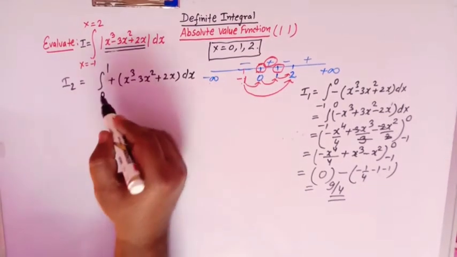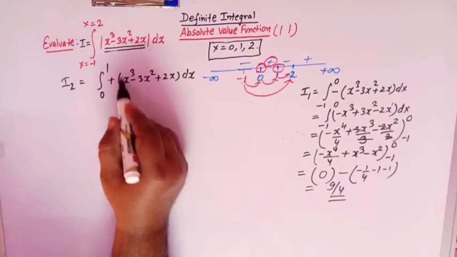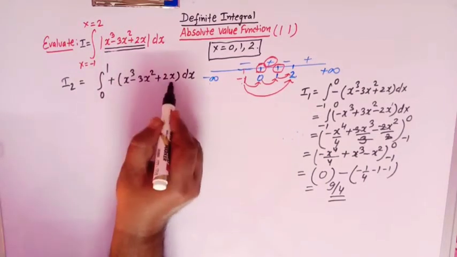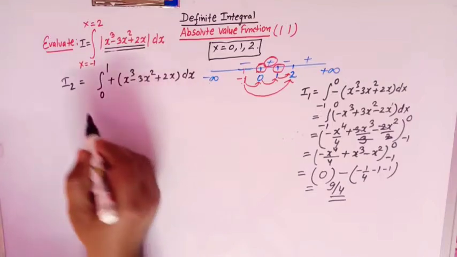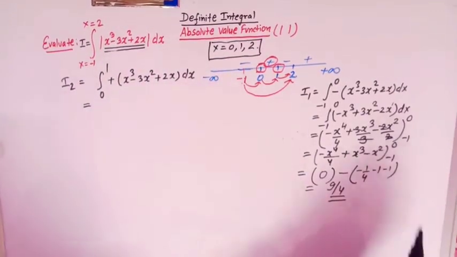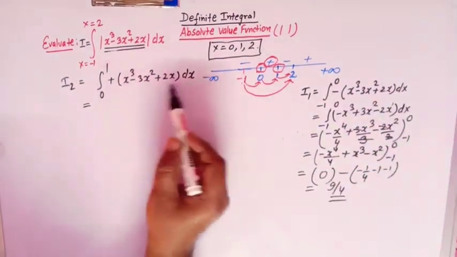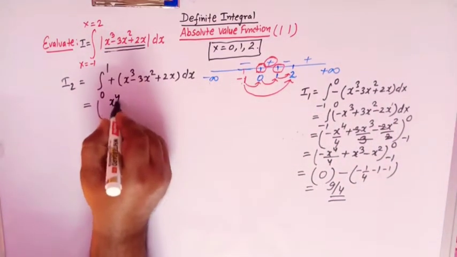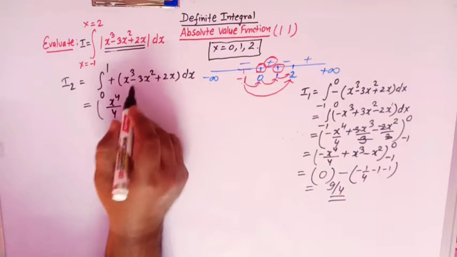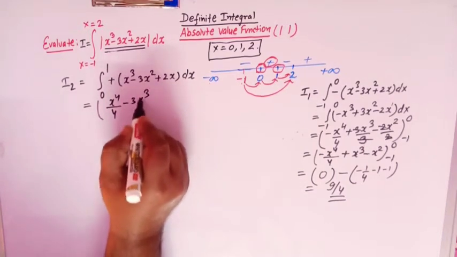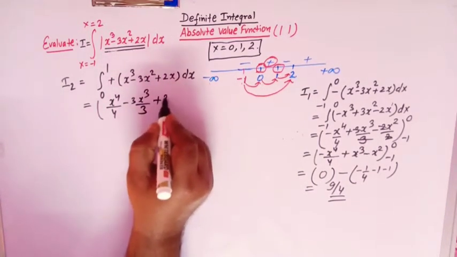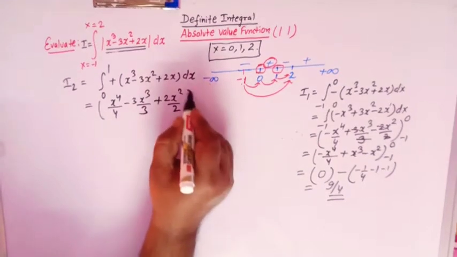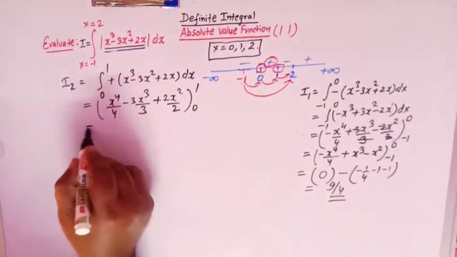Now I2 is given by 0 to 1 plus f of x, and f of x is given by this polynomial. So now again integrating this function like this, we have x raised to 4 over 4, then we have minus 3x cube over 3 and 2x square over 2, and the limits are from 0 to 1.